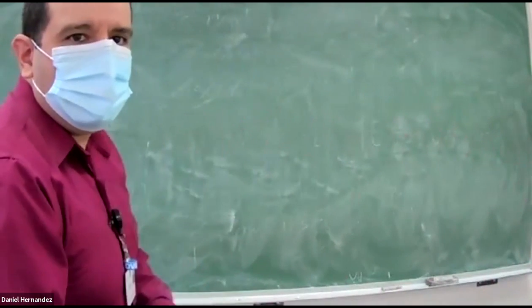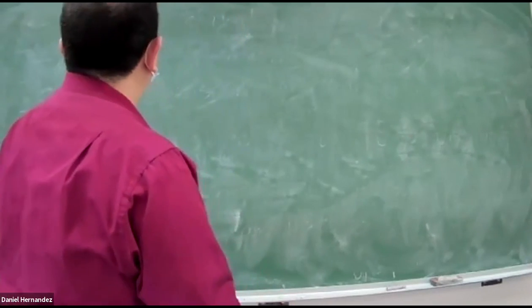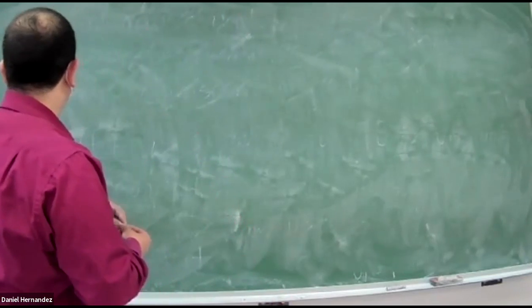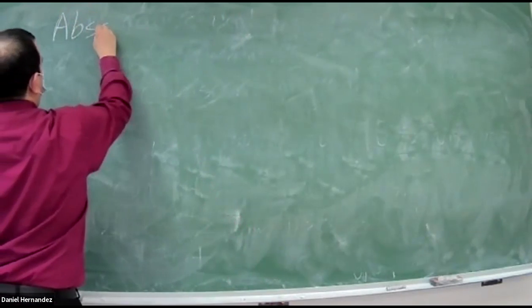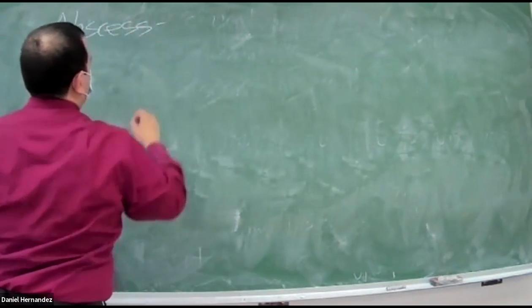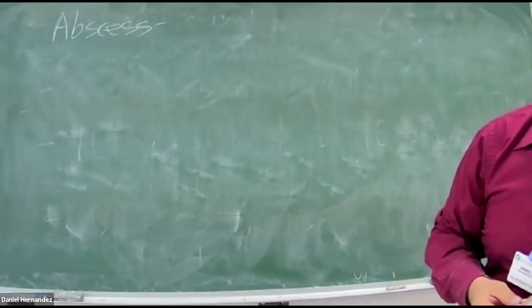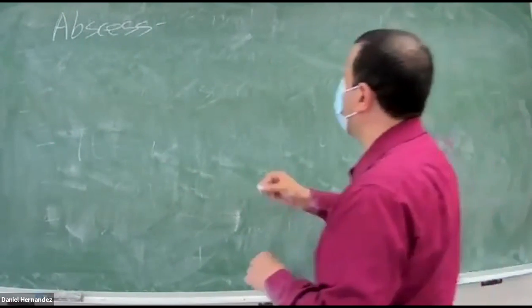All right, so again, some more complications. We talked about valve perforation, mentioned abscess. So I'll actually add a little bit to abscess. The most common location is going to be near the annulus of the aortic and mitral valves.